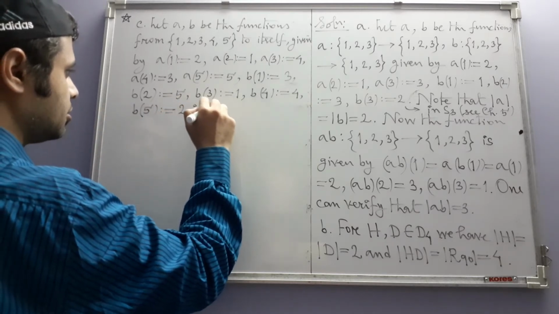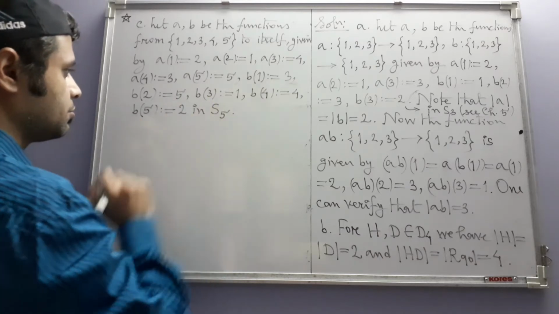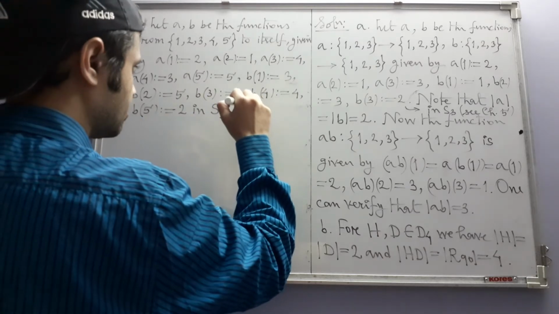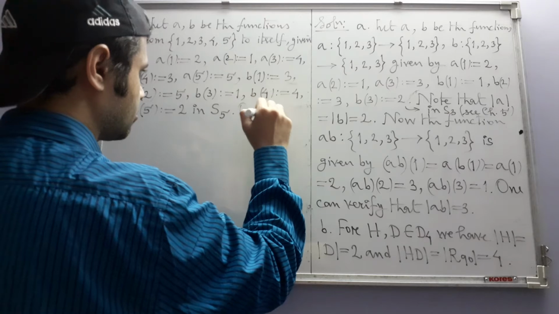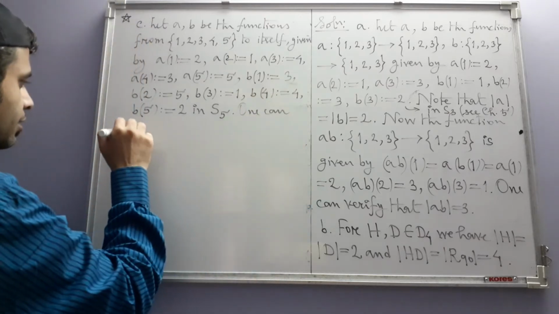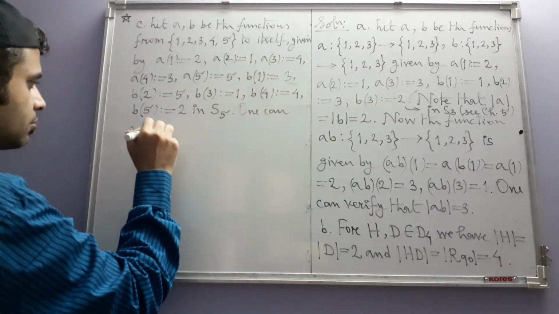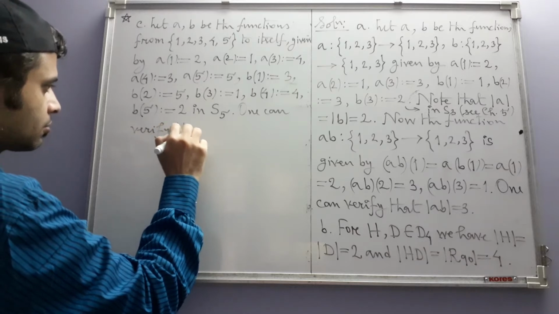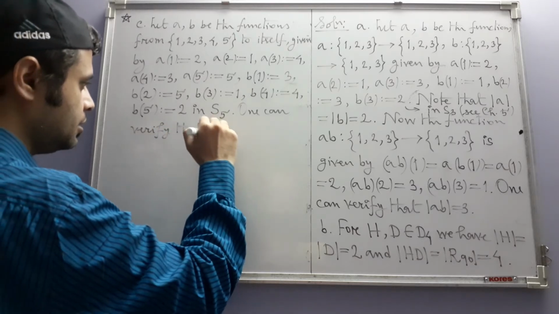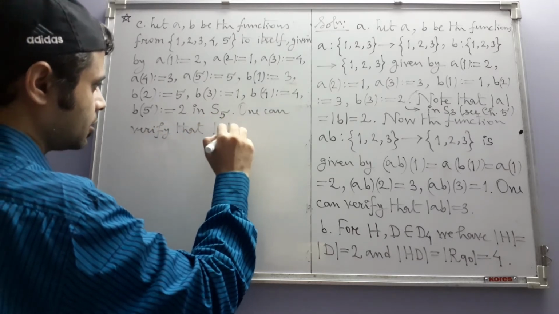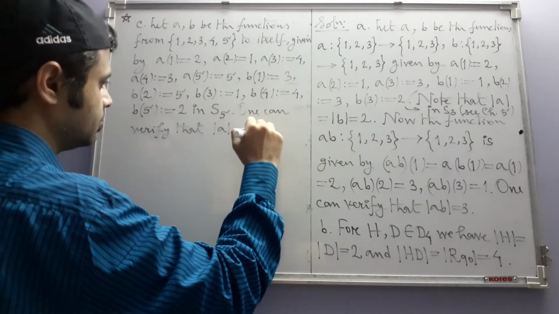In the symmetric group of degree 5, one can verify that these elements also have order 2 in this group.